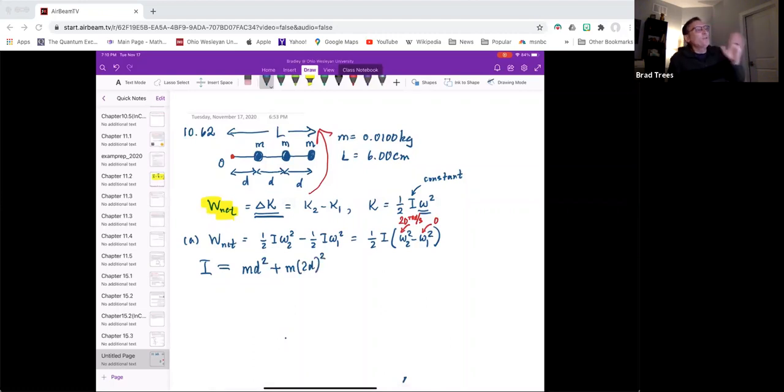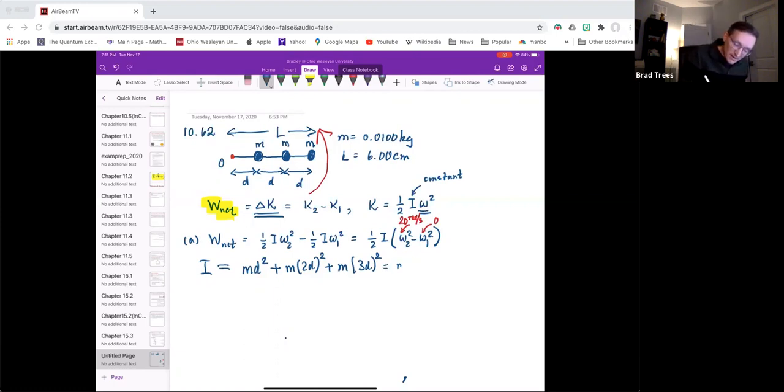So I have to do 2d quantity squared times m for the middle particle. And then for the particle on the very outer edge, it's got a mass m, but it is a distance 3d. So I have to take 3d quantity squared. Let's get what that is.